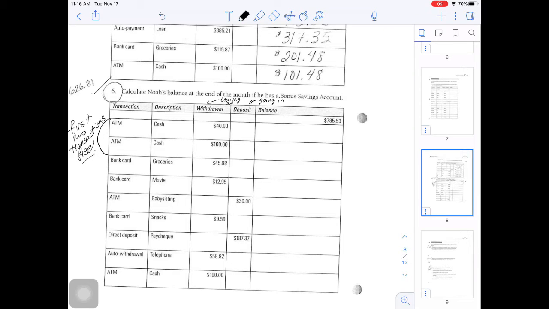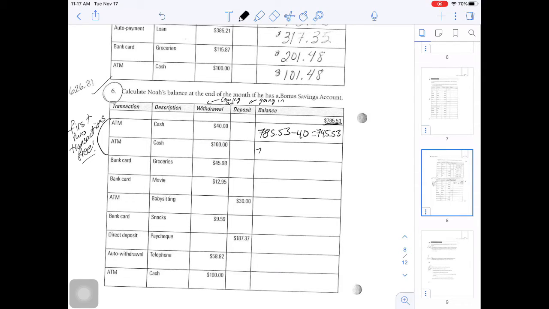Now, how are we going to do this? Well, we start with $785, and we took $40 out. Okay, so we're going to subtract 40 there, and that will give us $745.53. This next transaction is going to be free as well. She's going to take out $100 without any setbacks.